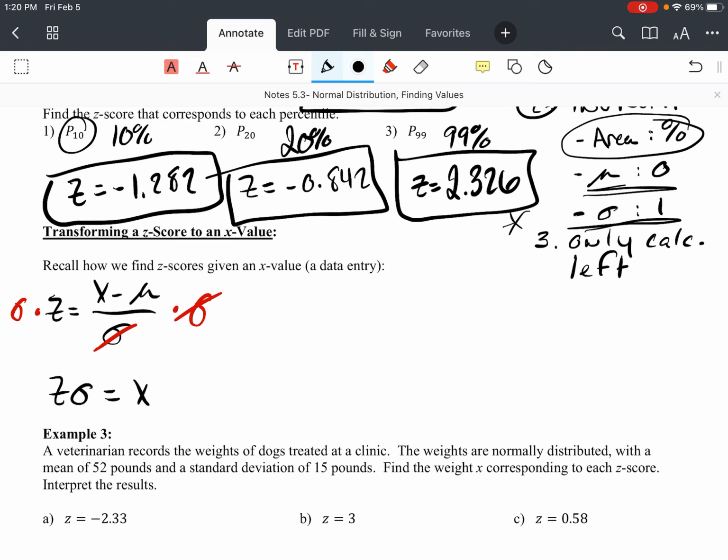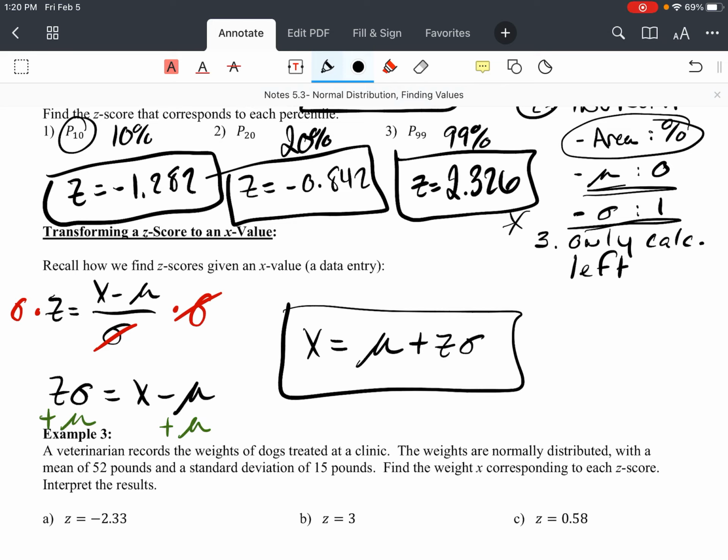Right, these go away, and I'm left with z times sigma is equal to x minus the average. Then to finish solving for x, I can simply add the mean to both sides. And what we're left with is that x is equal to the mean plus z times sigma.